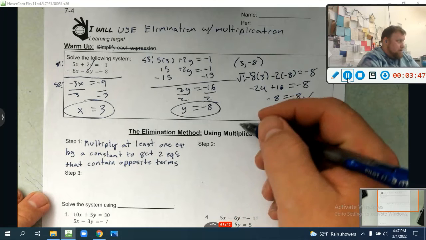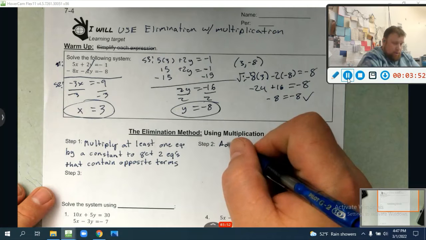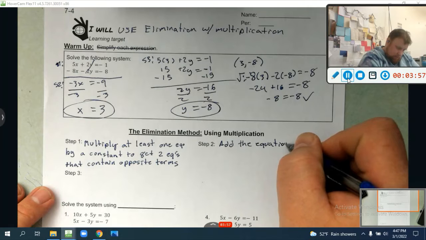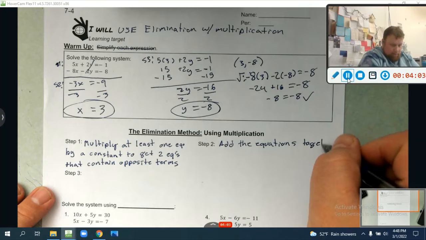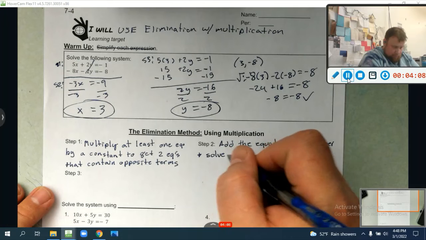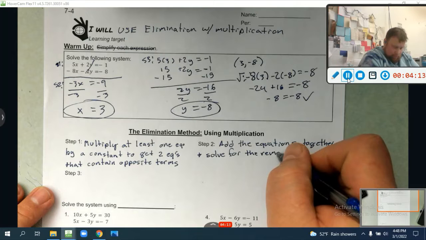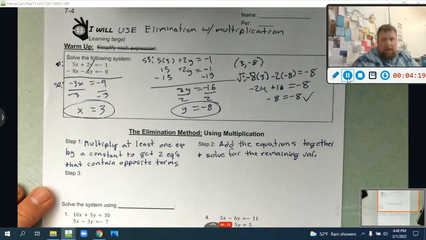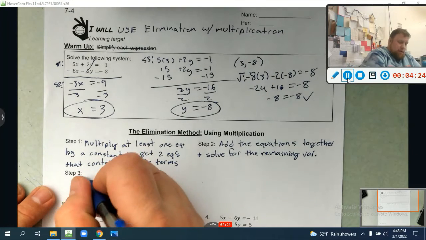All right? Step 2, add the equations together. Add the equations together and solve for the remaining variable. VAR is my short for variable. And then last but not least, step 3.